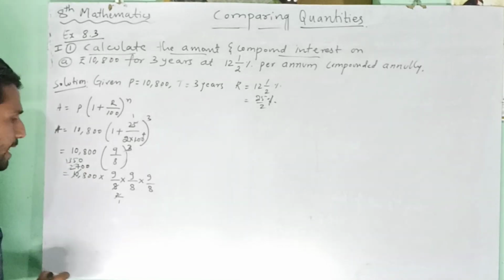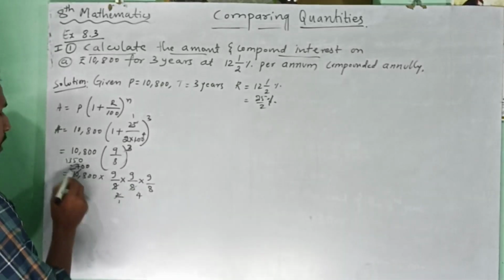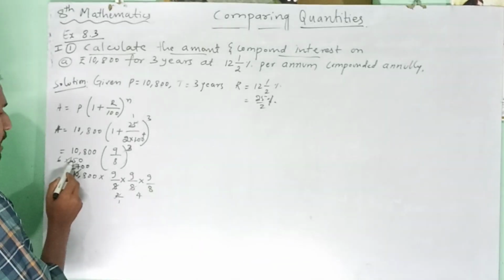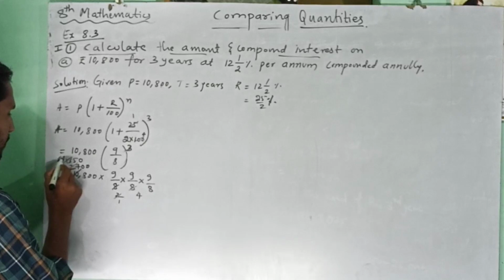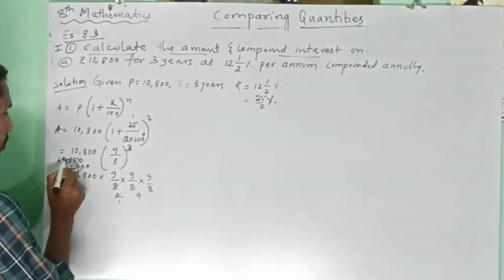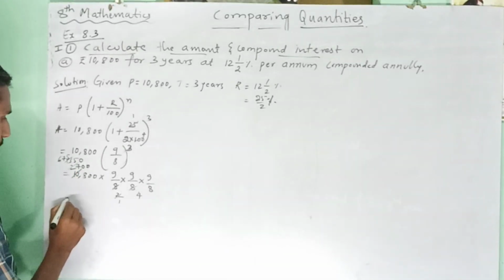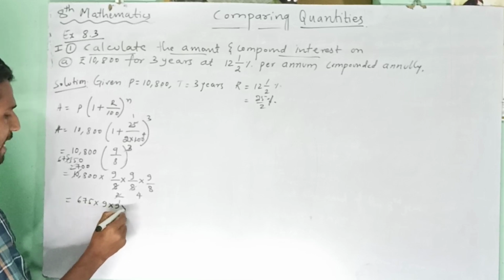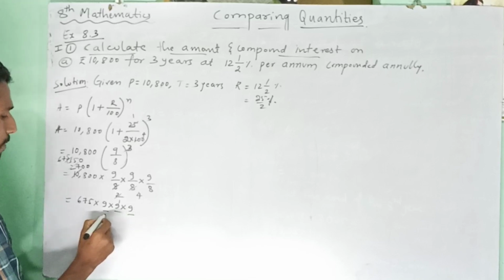Next, again cancel: 2 fours are 8, 2 sixes are 12, remaining 1 and 5, 2 sevens are 14, remaining 1, 0, 2 fives are 10. Completely cancelled. Now we have 675 into 9 into 9 into 9 by 4 and 8.